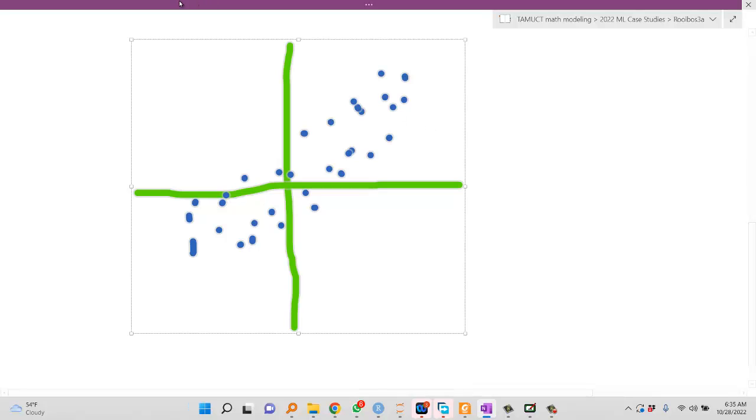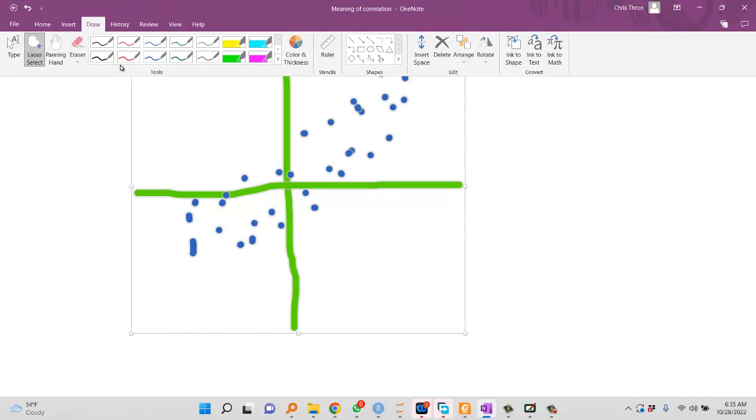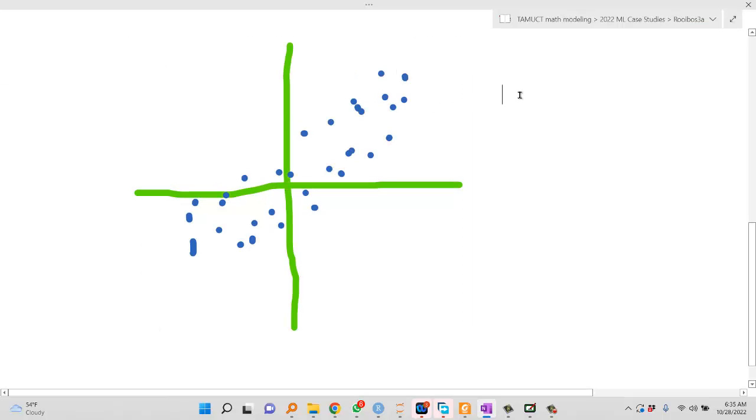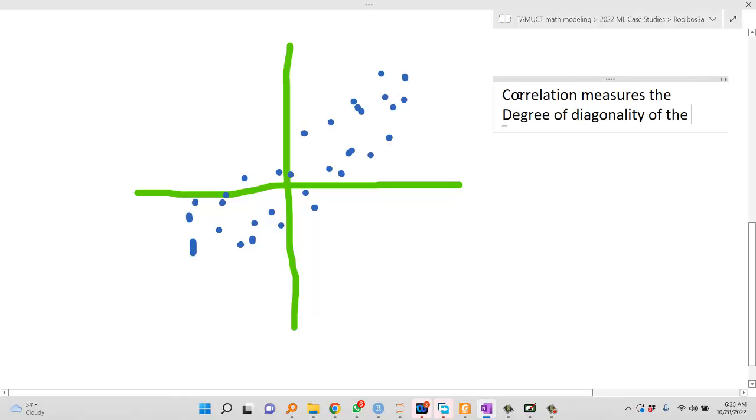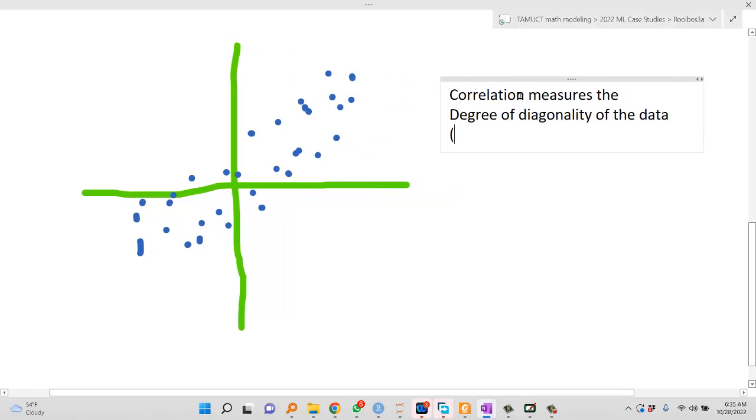Okay, so this is a fairly large positive correlation. So I can say that correlation measures the degree of diagonality of the data. And you could have a positive or negative.